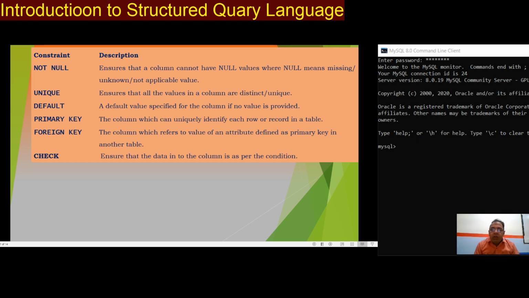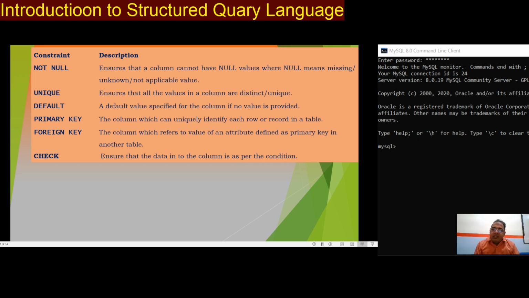Then we have the unique key constraint, which is used to ensure the uniqueness of the values in a particular column. The default constraint can be used to specify that for the column, if no value is provided, then a particular value will be displayed in that column. Primary key is the most important key constraint in a database which we can apply on a table.